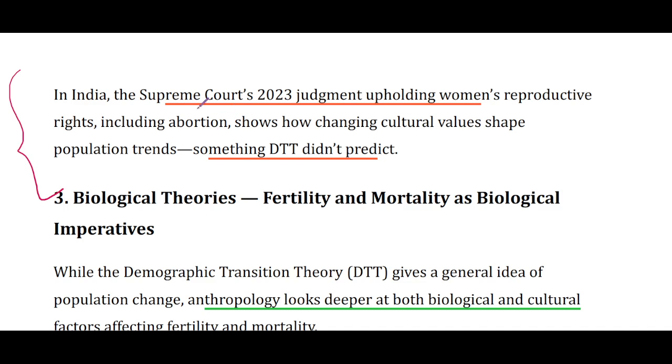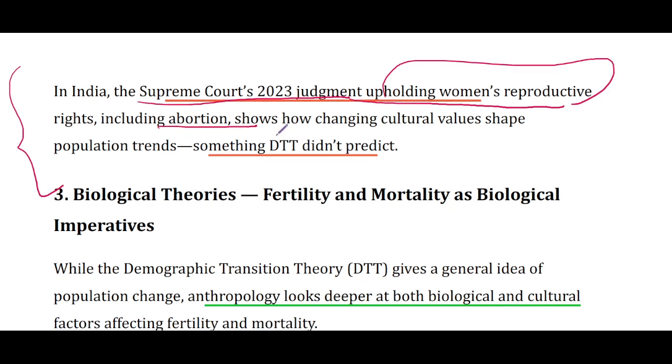Now finally, in India, the Supreme Court in 2023 upheld women's reproductive rights, including abortion, and this has not been predicted by DDT.